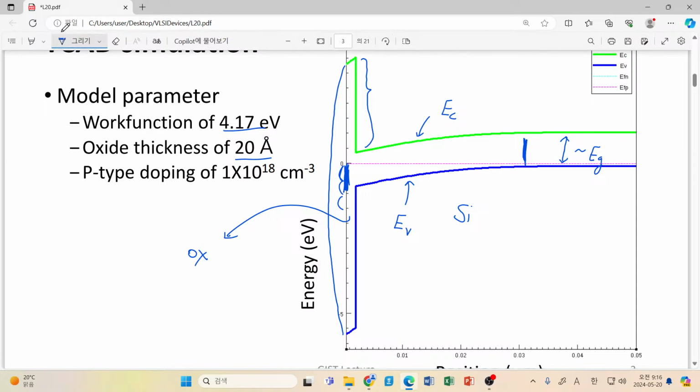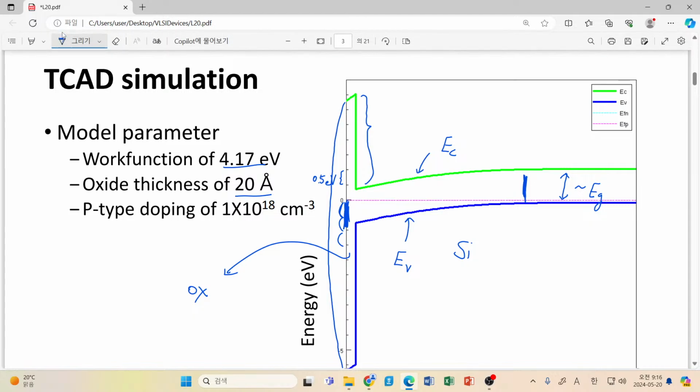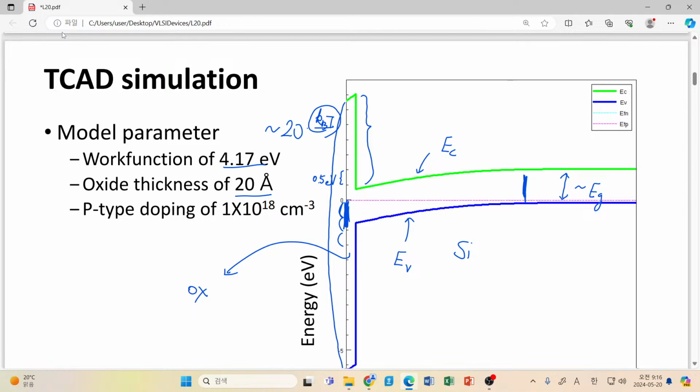This difference is roughly 3.1 electron volt, and once again, this tick corresponds to 0.5 electron volt, and this 0.5 electron volt is already roughly 20 times the thermal energy. Thermal energy corresponds to 0.025 electron volt.